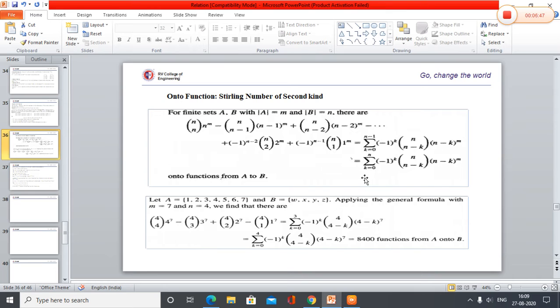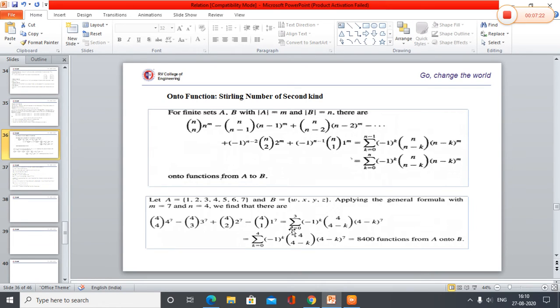So we will just substitute in this formula. Here k equals 0 to n, which is 4. So k equals 0 to 4, (-1) power k, and in place of n, 4 will come: (4 minus k) power 7, and we have to just expand this. So when k equals 0, 4 minus 0 power 7, so 4 power 7, and then when k equals 1, it will be 4C1 and 3 power 7.